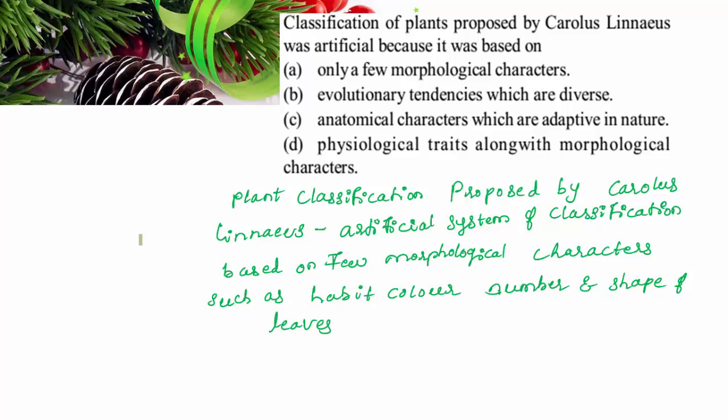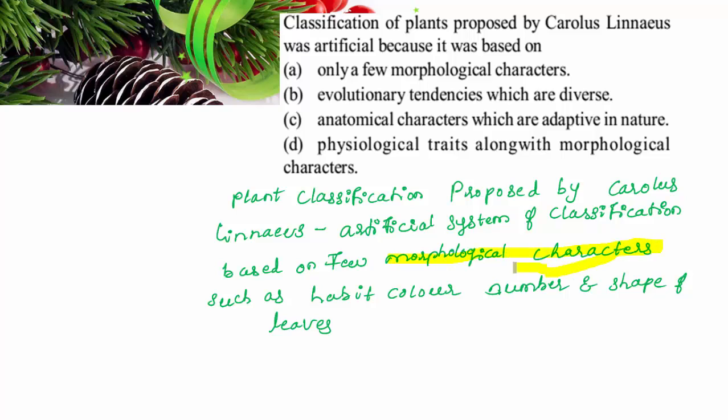The classification system proposed by Carolus Linnaeus is called an artificial system because to classify he selected only morphological characters.